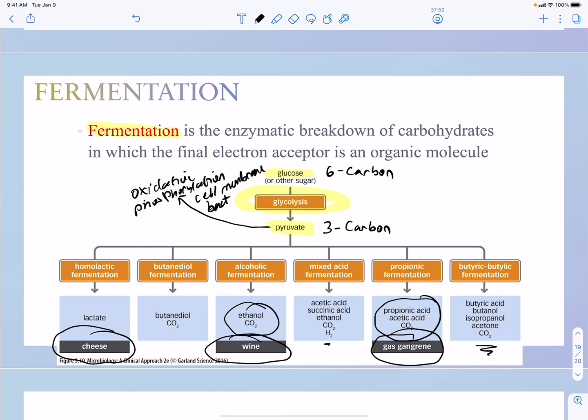Mixed fermentation can give you different products, acetic acid, succinic acid, etc. Butanol fermentation can give you carbon dioxide and butyl. So all of these processes of fermentation is just basically where you start with your carbs making ATP, and your final electron acceptor, oxygen, is not available, so you have to make something else. And these are the different things that bacteria can do with that.